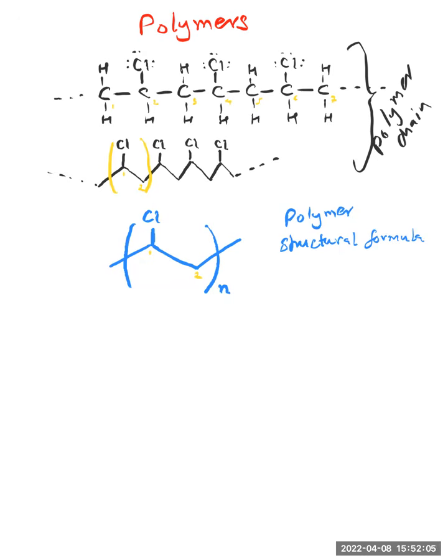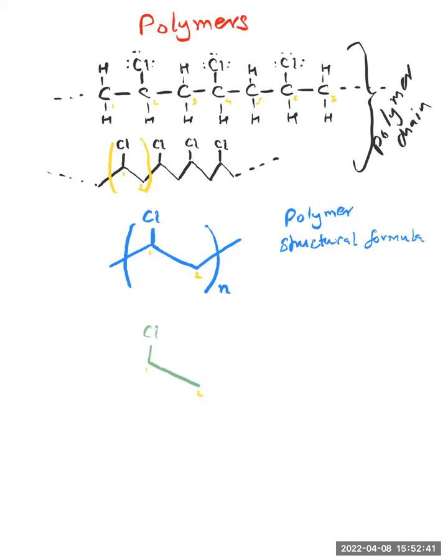Now, the next thing is the monomer. Polymers are made of monomers, and monomers polymerize to give us the polymers. So if somebody asks you, what is the monomer of this polymer, what we need to do is take out the repeat unit. We know that what is repeated here is this 1 and these 2 carbons here, 1 and 2. And then we draw chlorine because that is repeated as well.